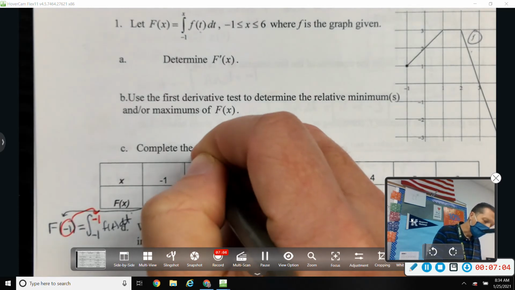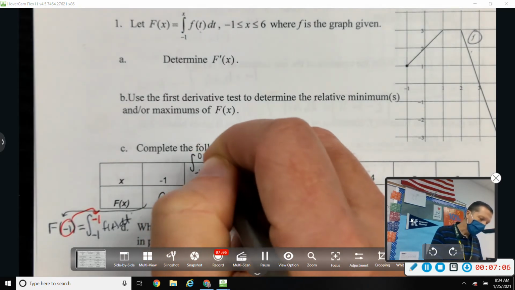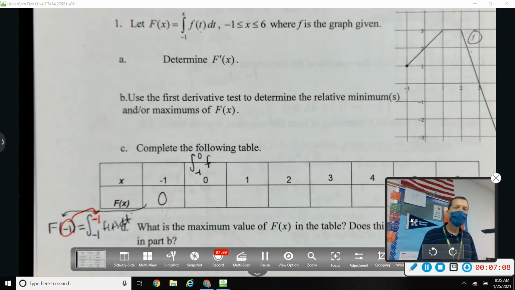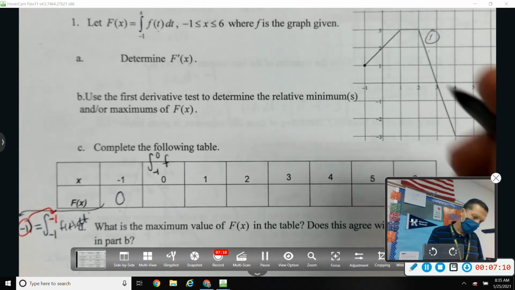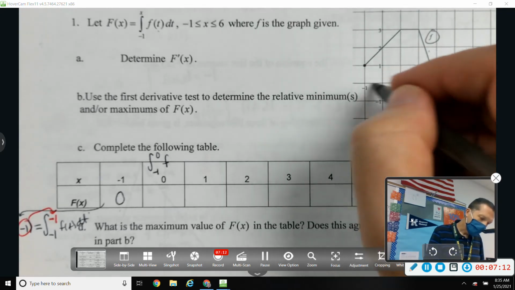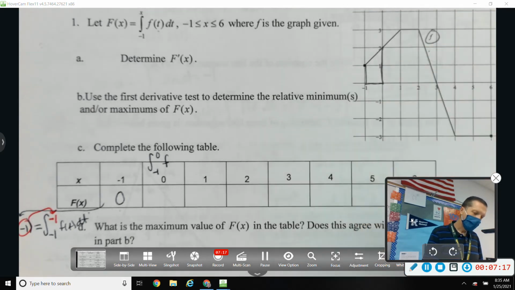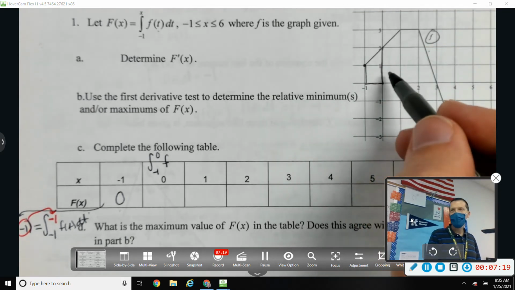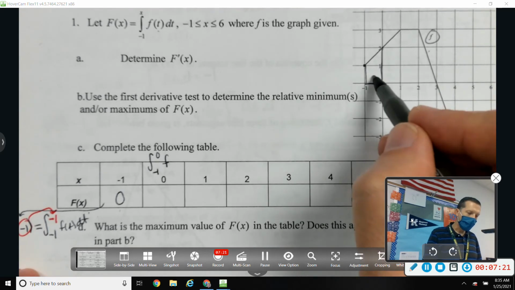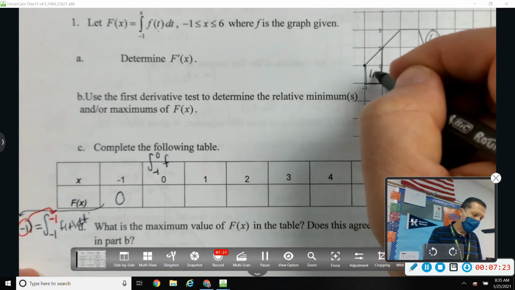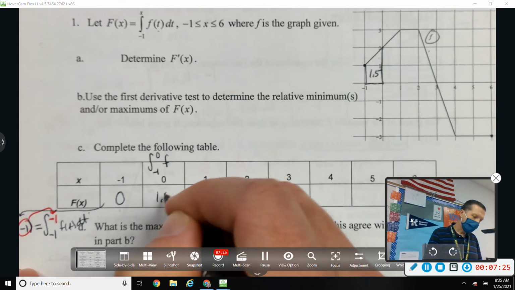For 0, it would be the integral from -1 to 0 under f. So that would be this area, which I'm not going to do a trapezoid. I'm just going to count the boxes on this one. One box plus half a box is 1.5.